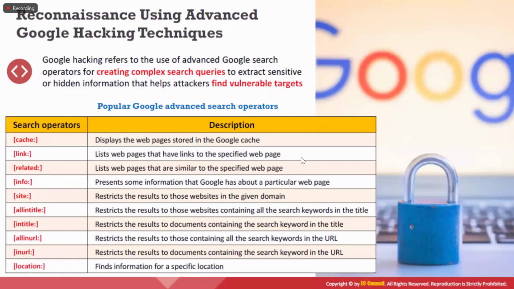If you want a specific site in a search, you can use the site operator. If you want to search for new laptops on the Lenovo site, you will get each and every laptop given on the Lenovo site.